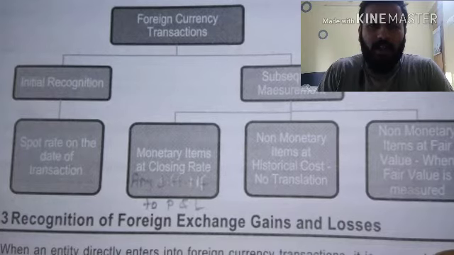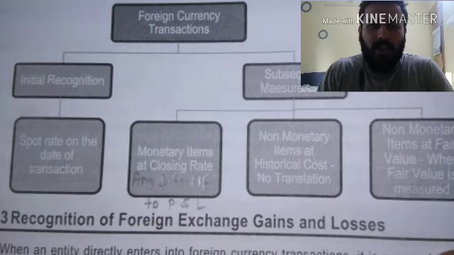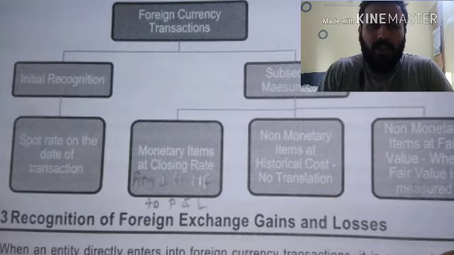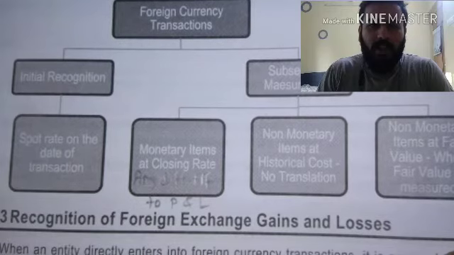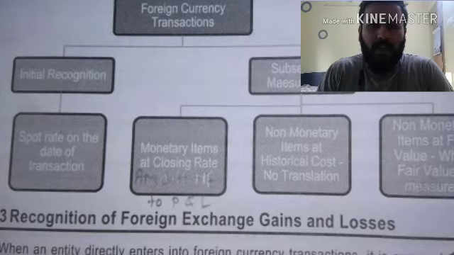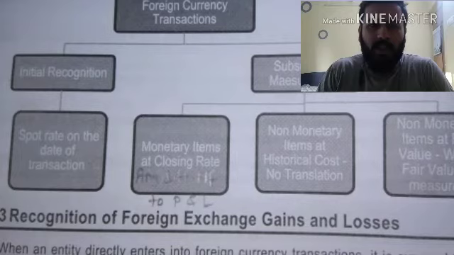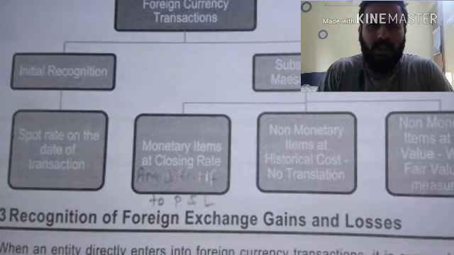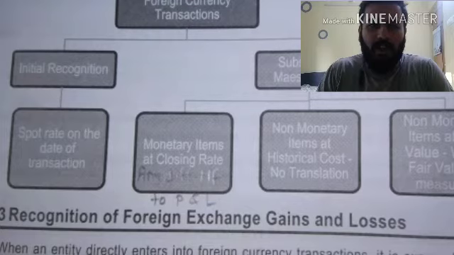In a foreign currency transaction, as per Ind AS, there are two types of recognition. The first one is initial recognition and the second one is subsequent recognition. The initial recognition always should be at transaction price. Now what is transaction price? Initial recognition is at the spot rate on the date of transaction.